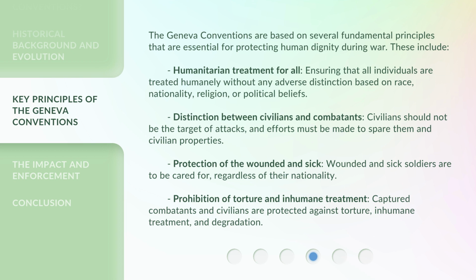Distinction between civilians and combatants: civilians should not be the target of attacks, and efforts must be made to spare them and civilian properties. Protection of the wounded and sick: wounded and sick soldiers are to be cared for, regardless of their nationality. Prohibition of torture and inhumane treatment: captured combatants and civilians are protected against torture, inhumane treatment, and degradation.